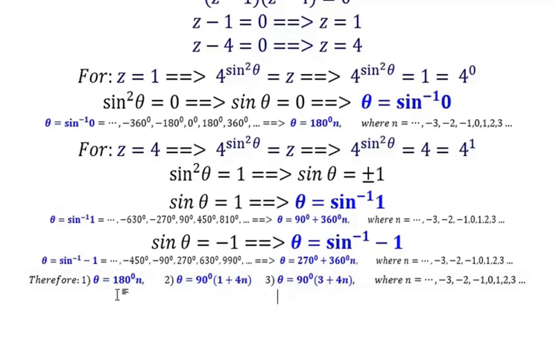So it is theta equals 180 degrees times n, plus theta equals, if we factor out 90 degrees, 90 degrees times 1 plus 4n, and theta equals 90 degrees times 3 plus 4n.